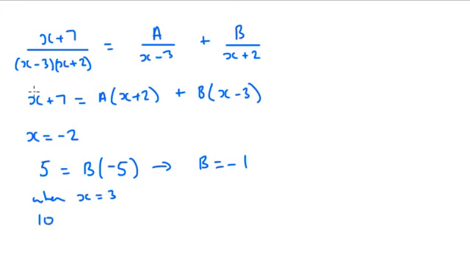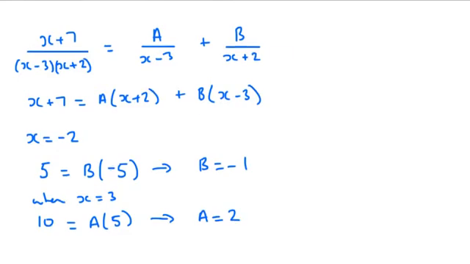That's going to give us 10 on the left, equals A lots of 3 plus 2, which is 5, which means that A is positive 2. So this is now equal to 2 over x take 3 minus 1 over x plus 2.